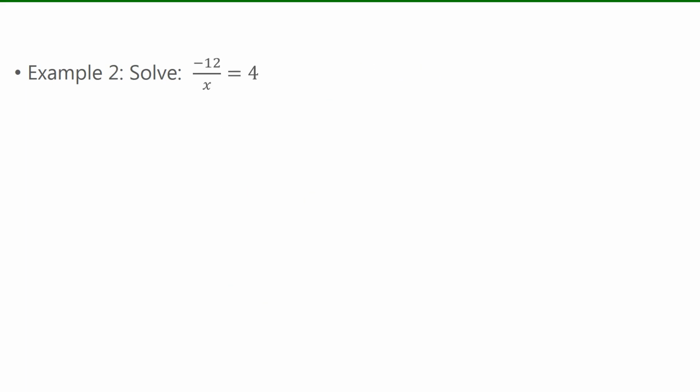Example 2, I have negative 12 over x is equal to 4. Now when you have a variable in the denominator like that, you can just say that the LCD is x. So now we multiply both sides by x. Even the 4, even though it's not a fraction, you still need to multiply it by the LCD.